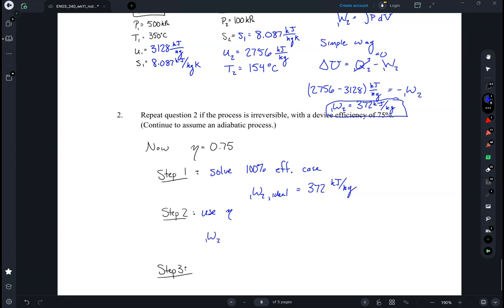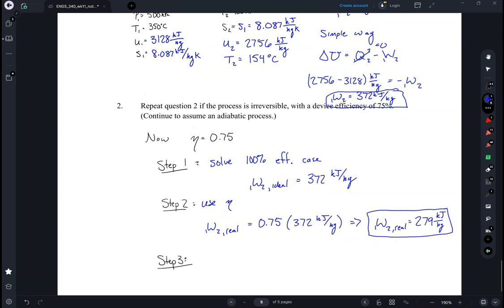So W12 real is 0.75, we're 75% efficient, times 372 kilojoules per kilogram. So this is W12 real is 279 kilojoules per kilogram. Okay, 75% of the ideal value because we're 75% efficient. And this is a work generating process. Remember, if it's a work consuming process, that gets flipped and we would have divided by 0.75.